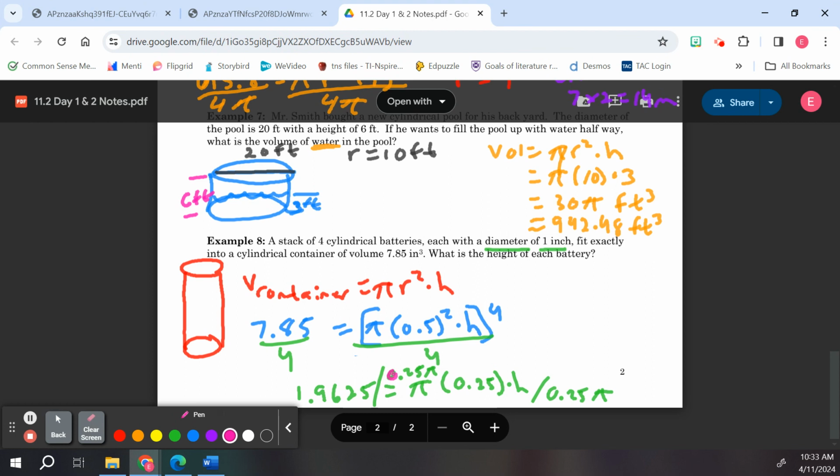And there's my 2.5. Okay, so h is equal to 2.5. I knew it was going to be 2.5. There we go. So each battery is 2.5, and that's going to be inches.